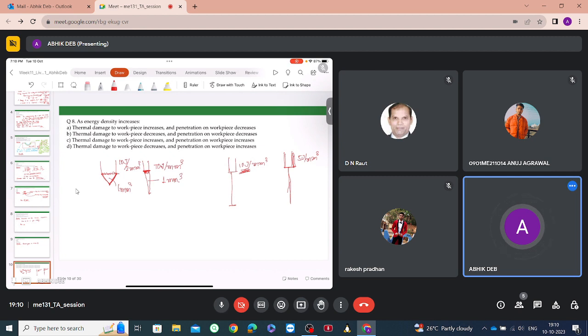Whatever the increase in the width from here to here, should it not be compensated by the decrease in the depth?